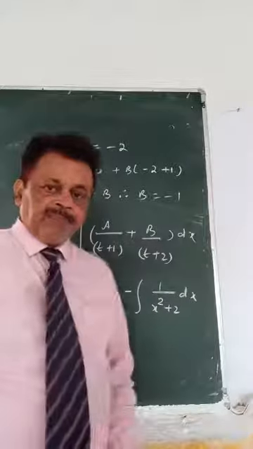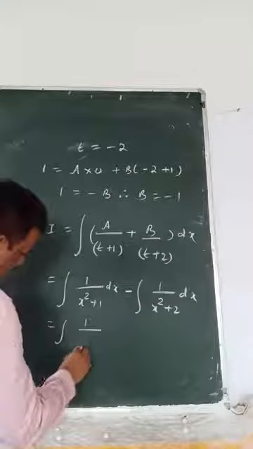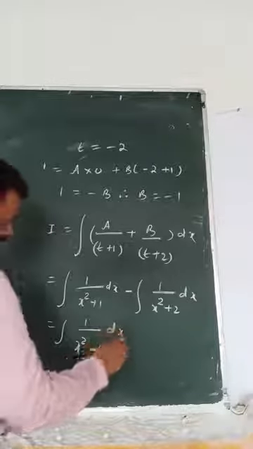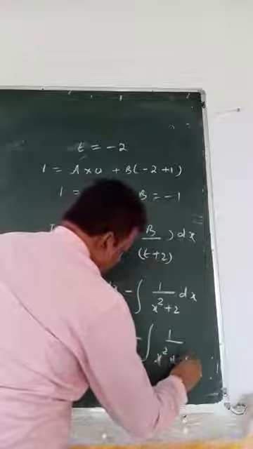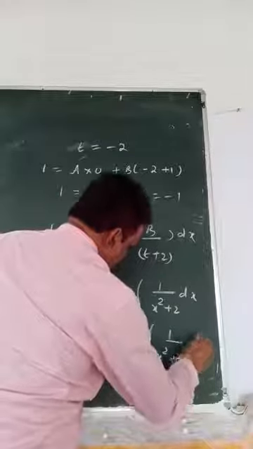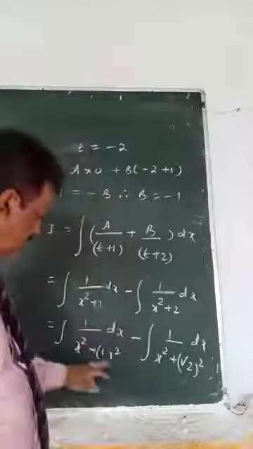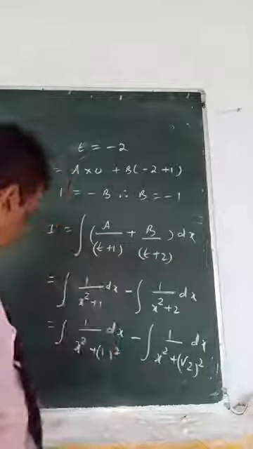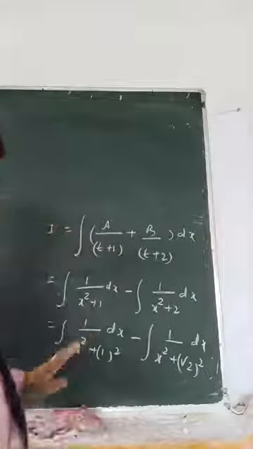Okay? Can I write (x square plus 1 square) dx, and (x square plus root 2 square) dx? So why are you writing this? Because this is directly related to your sixth standard formula. So what is the sixth standard formula? Which related formula is this?